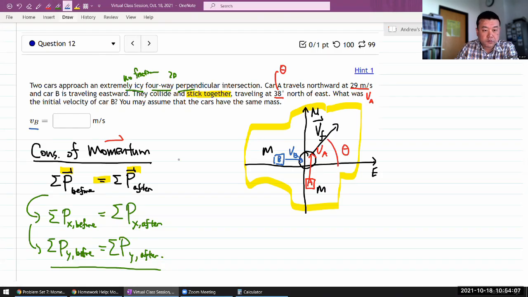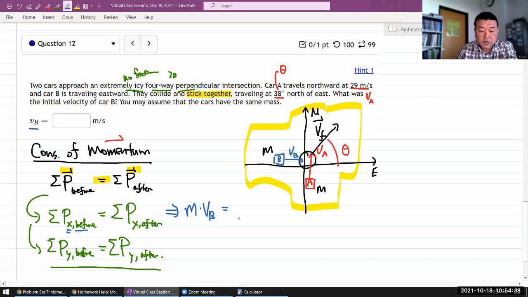So I'm going to write down the total x momentum before the collision. Before the collision, car B was moving in the x direction, and it was the only thing moving in the x direction. Car A was moving in the y direction. So I'll say x before will be mass of B, m, times its speed. That will give me the total x component of momentum.